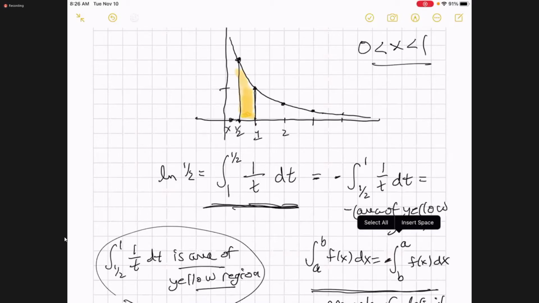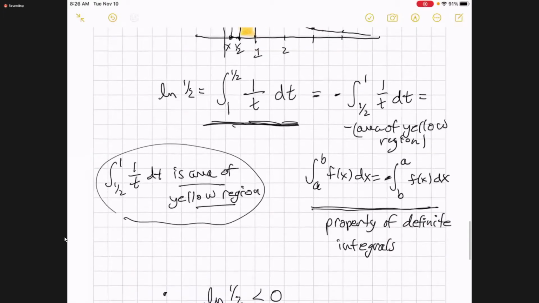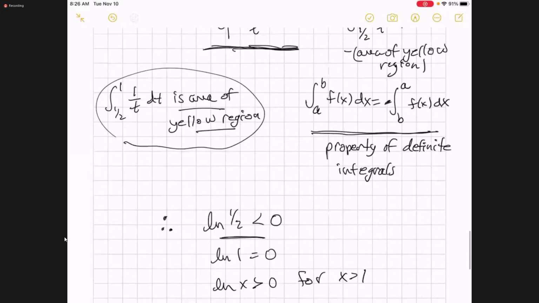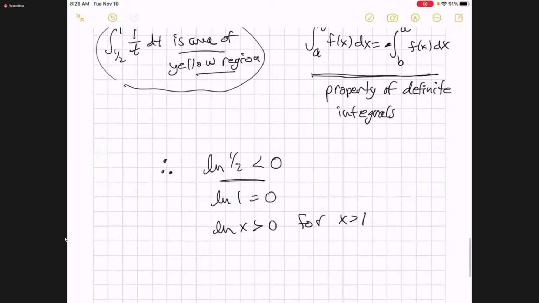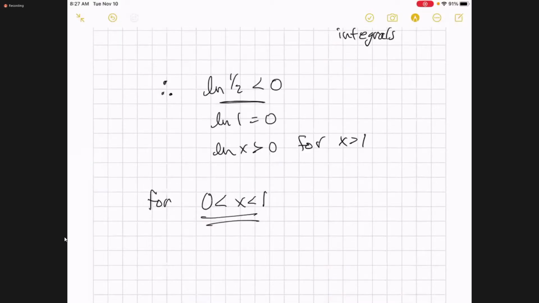Again, for such an x, it's positive but less than 1, the definition says ln of x is equal to the integral from 1 to x of 1 over t dt. But x is less than 1.